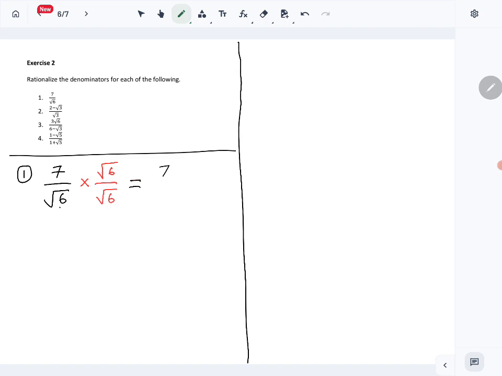You have what? 7 square root 6 in the numerator. In the denominator, what do you have? Square root 6 times square root 6. Square roots cancel out and you get a 6. So 7 square root 6 over 6. Now the denominator is rational. It's not a surd. So this is called rationalizing the denominator. Right.